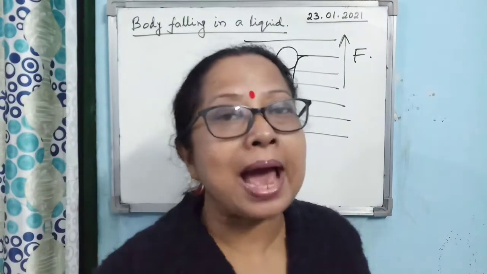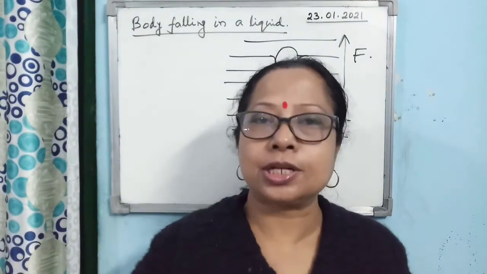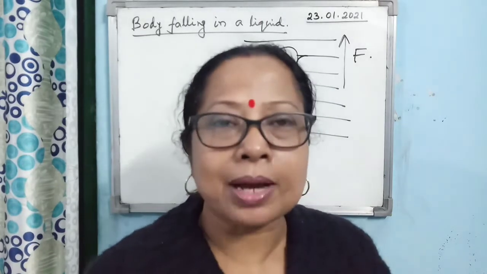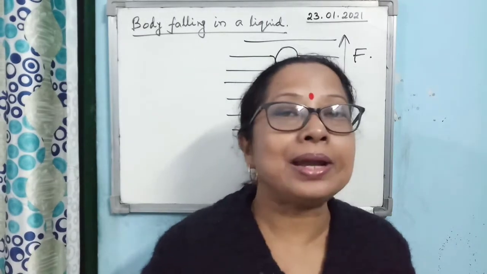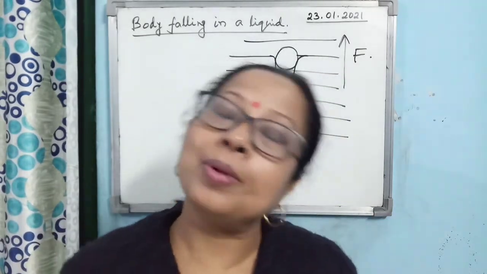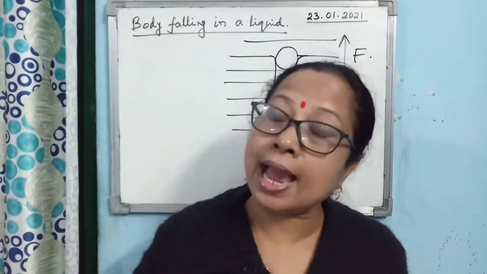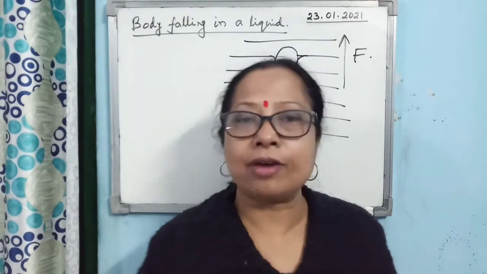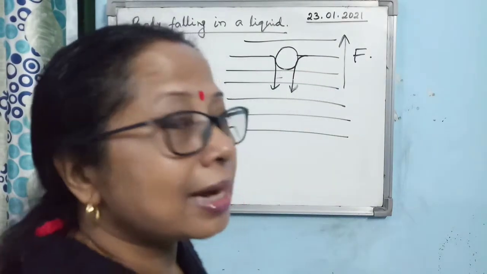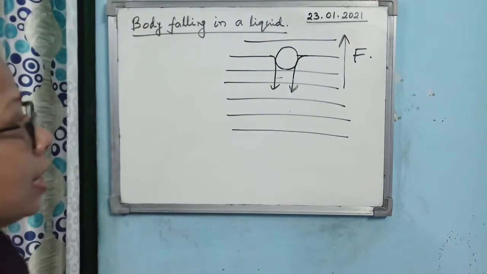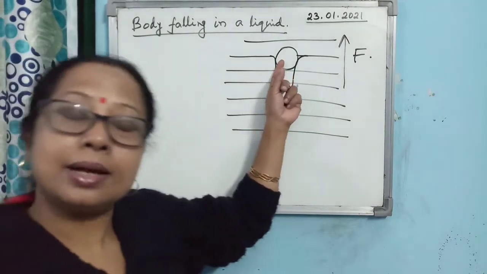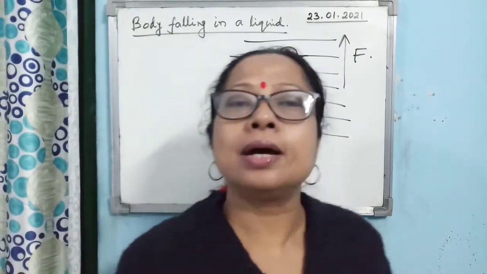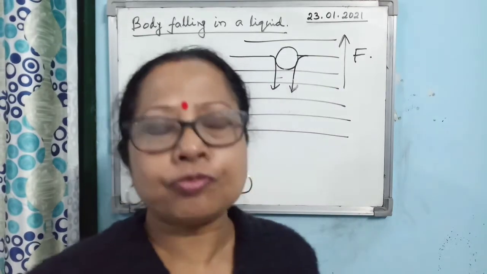Not only gravitational force, other forces are there, I am coming to that discussion. The velocity of the raindrop becomes constant. It cannot increase infinitely under the action of gravity. So that is the nice concept of physics behind the motion of a body falling through a liquid.